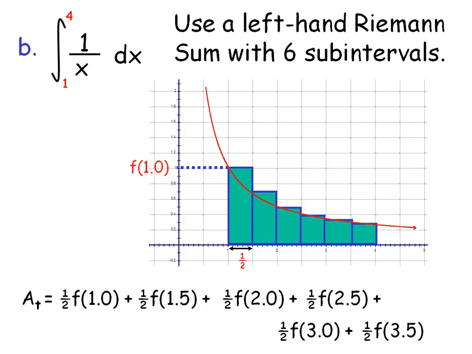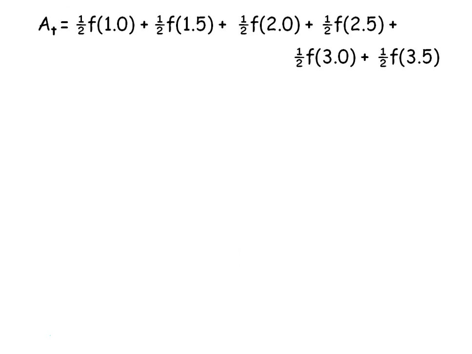Now you notice we do not do 1/2 times the function at 4, because this is a left-hand Riemann sum, so that very last endpoint from 1 to 4 is not used in the calculation. The 1 is used to calculate the area of the first rectangle, but the 4 is not used in a left-hand Riemann sum.